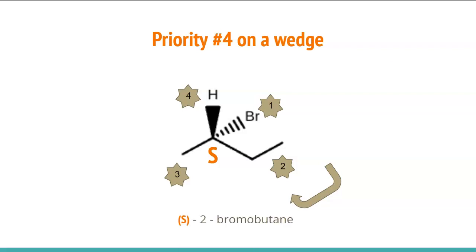So this is S-2-bromobutane. Now the ethyl versus the methyl determination is just because of the number of carbons. There's an example later on using a ring where I'll go into this a little bit deeper.